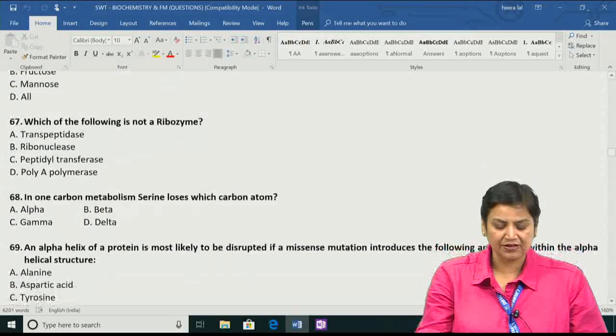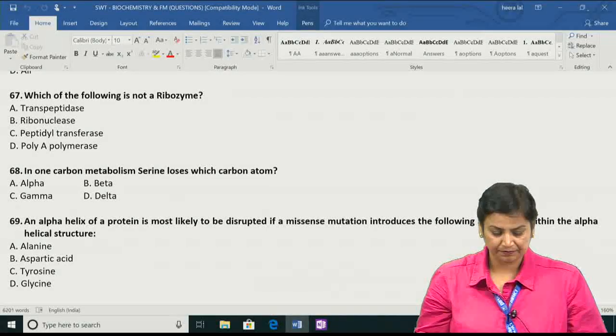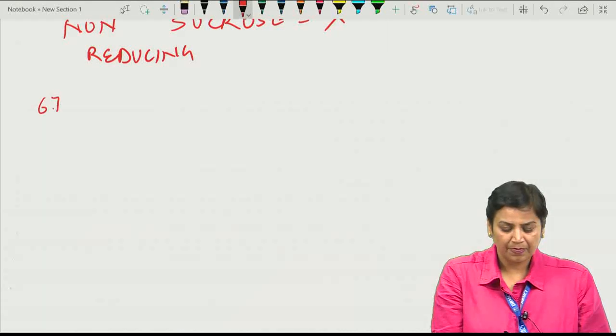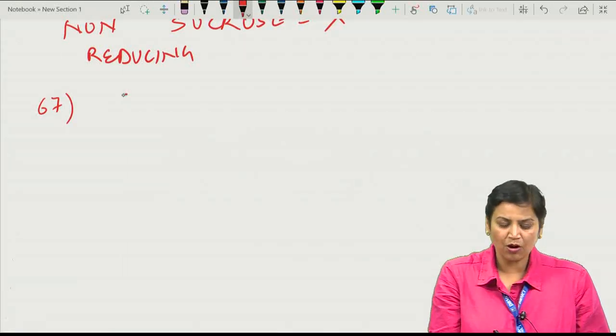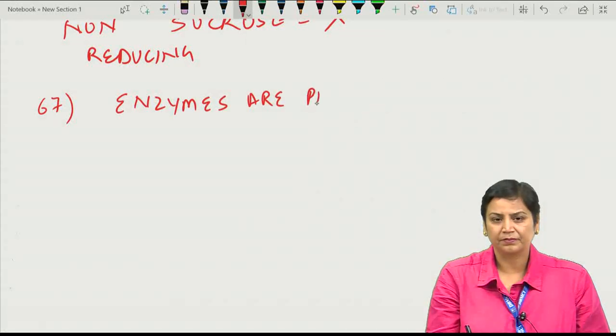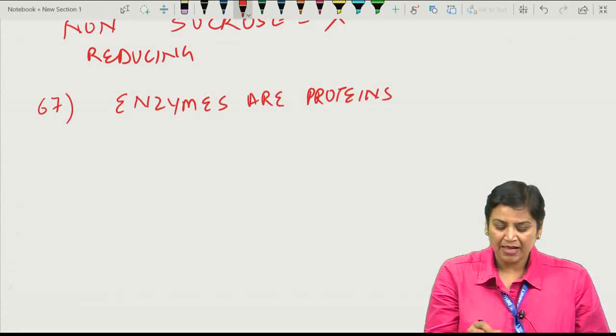Question number 67. Which of the following is not a ribozyme? Now see, we know all enzymes are proteins. Means enzymes have a protein part associated to them.